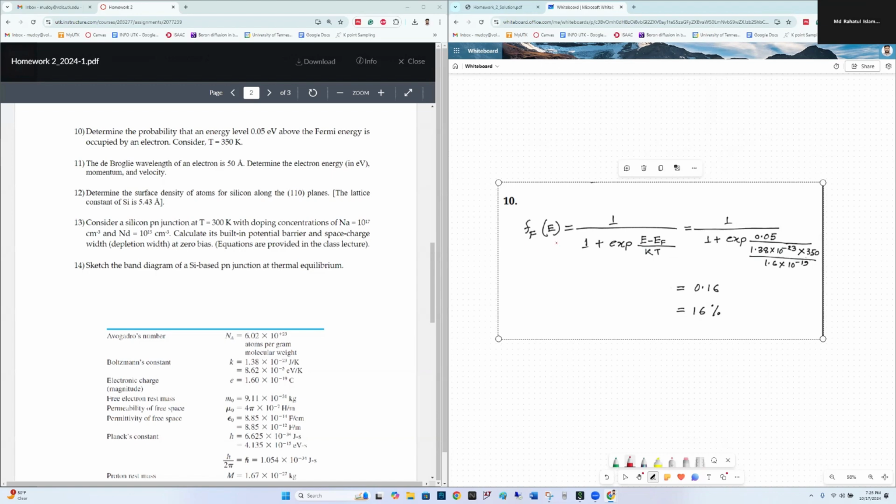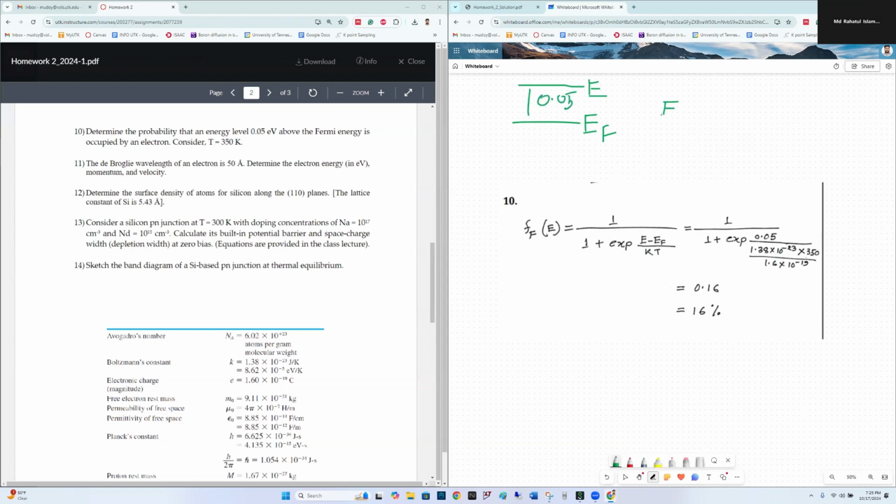So we have a Fermi-Dirac function, and the energy level, as you can see, is 0.05 above the Fermi energy. So if this is the Fermi energy level, the energy level we are talking about is 0.05 above EF.